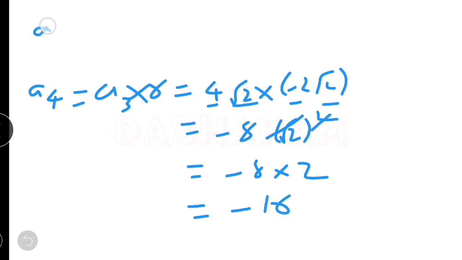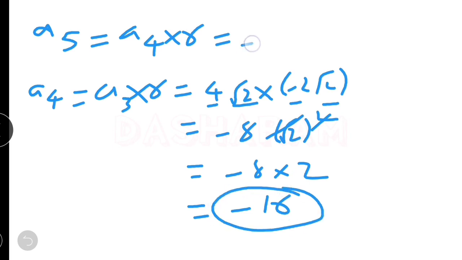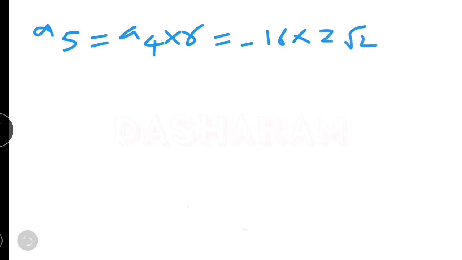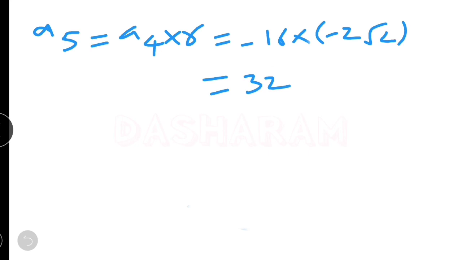Next term is A5. A5 equals A4 into the common ratio. The A4 value we just found is minus 16, and the common ratio is minus 2 root 2. Minus 16 into minus 2 is 32 and root 2.